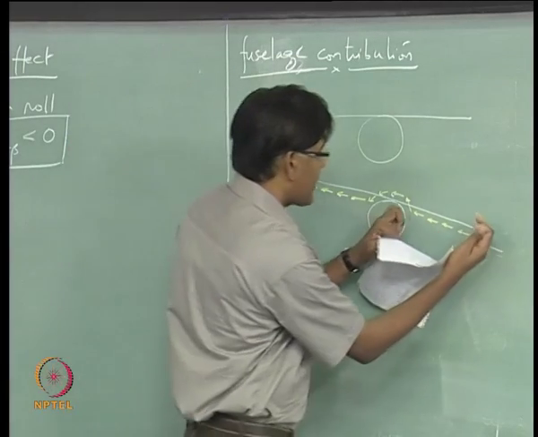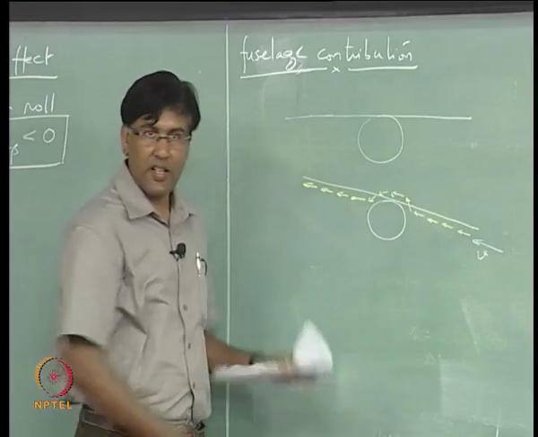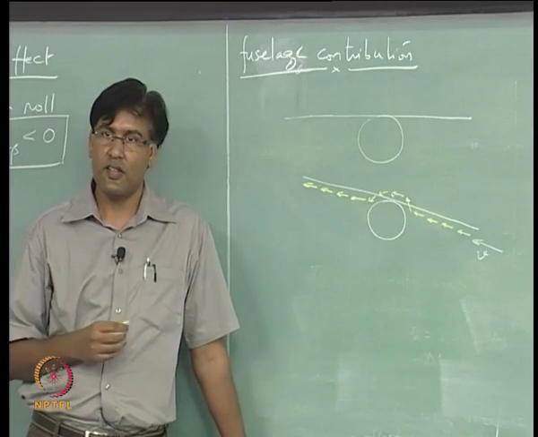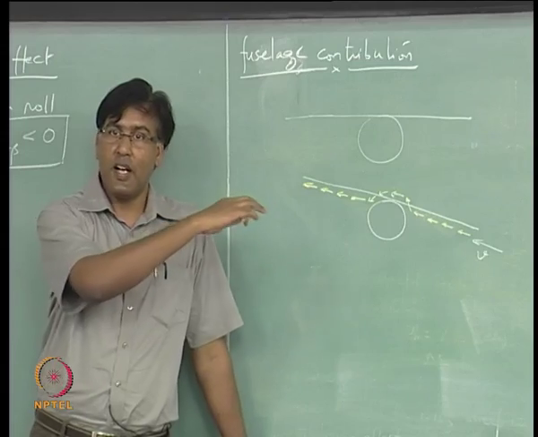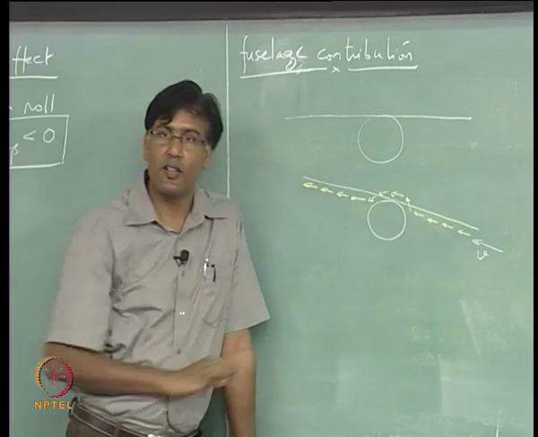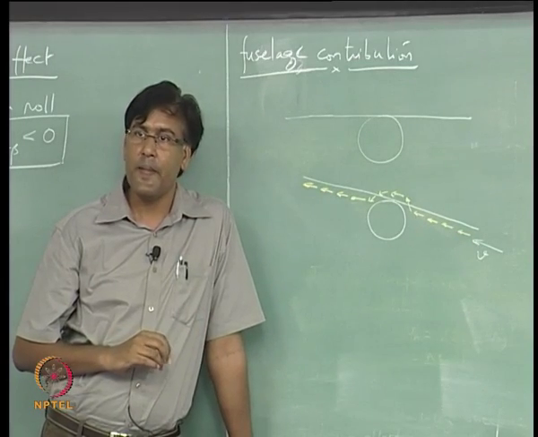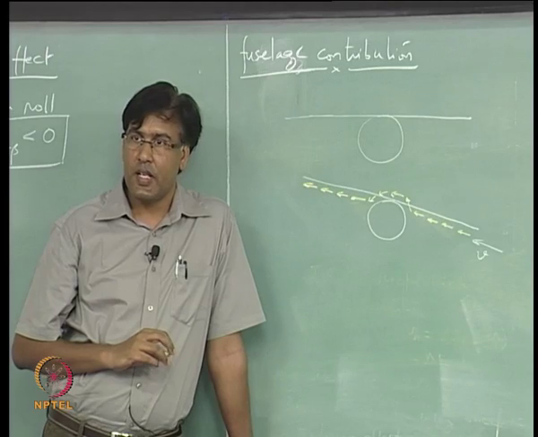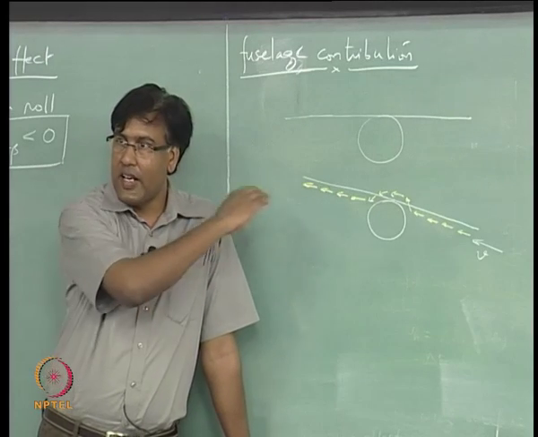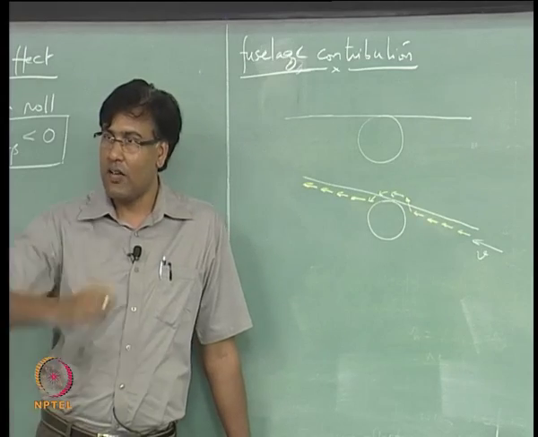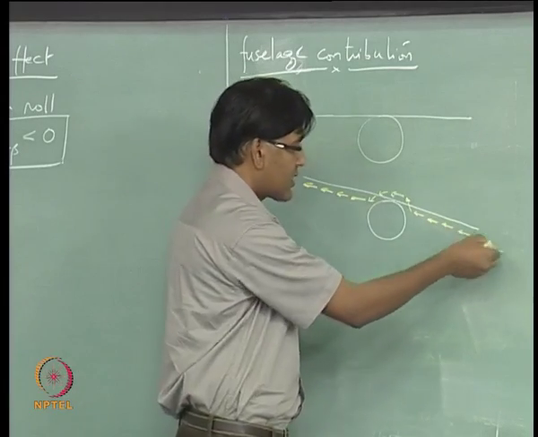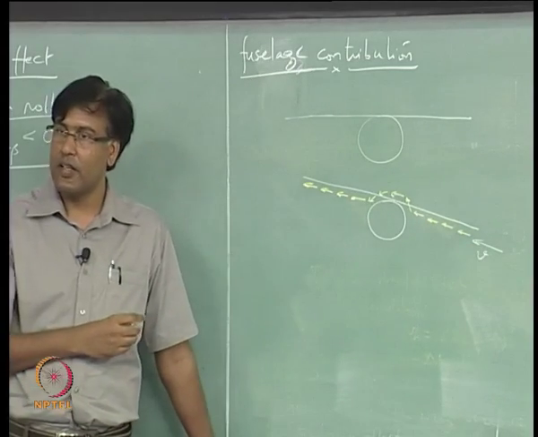Over this part is the same velocity, right, and there is no dihedral, it is a straight wing. There is no dihedral angle here, it is a straight wing, and now it sees a side component of wind.